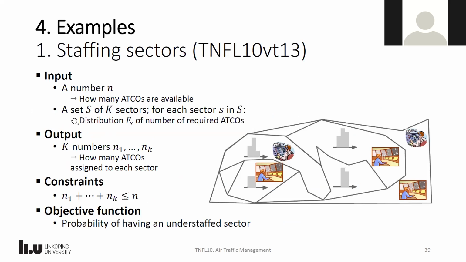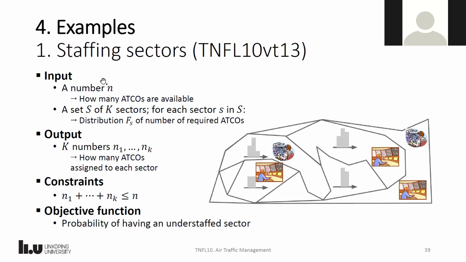They have a set S of k sectors, and for each sector s in S, they have a distribution called F sub s of the number of required air traffic controllers.